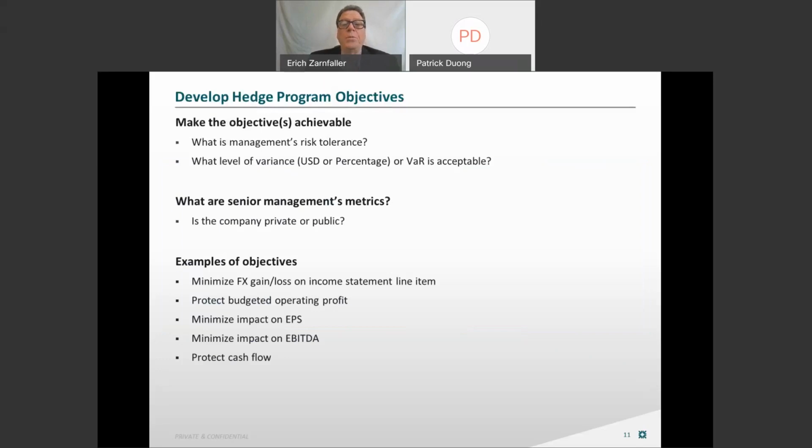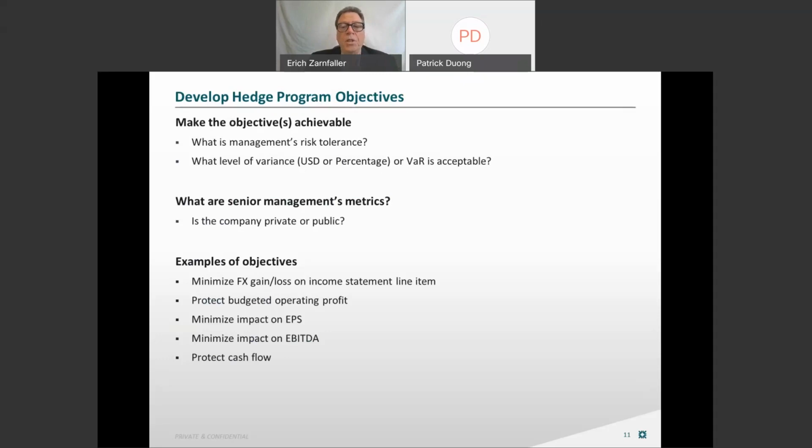Risk management program objectives can differ depending upon the company's risk tolerance, if the company is public or private, management's metrics, and how the FX risk is measured, say by US dollars or by a value at risk metric. These program objectives should be defined with all stakeholders of the exposures involved.